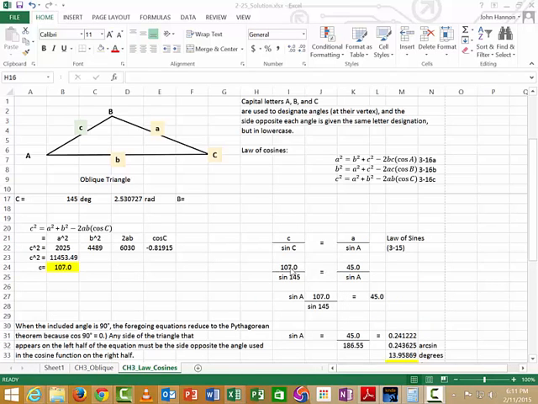Let me back up. To get from here to here, multiply both sides of this equation by sine A. So that cancels out sine A on this side. So I get sine A over here multiplied by this ratio equals 45.